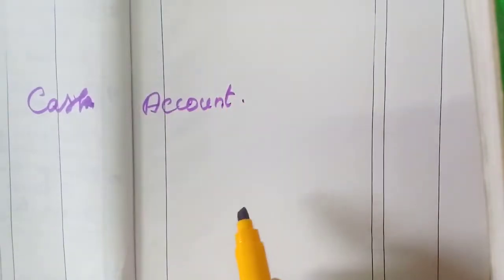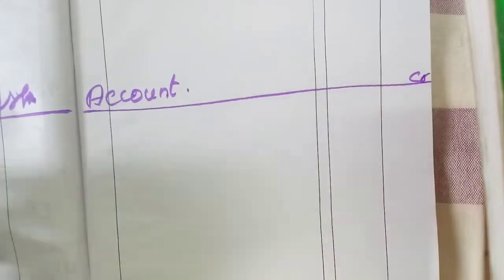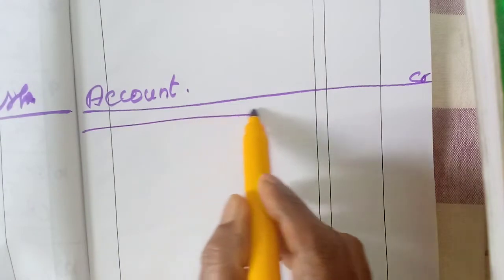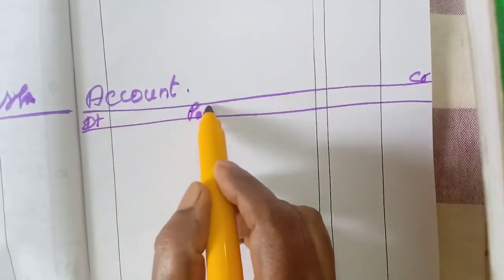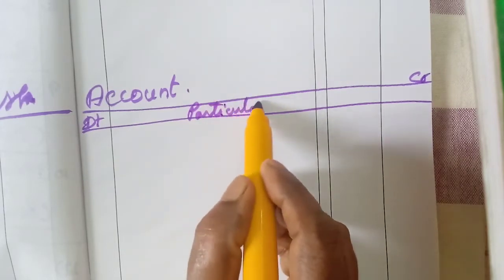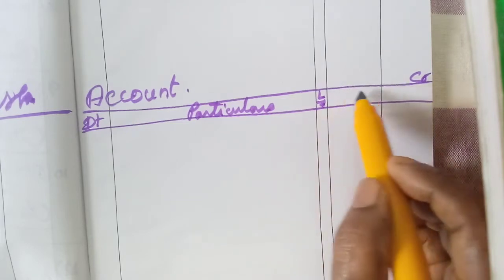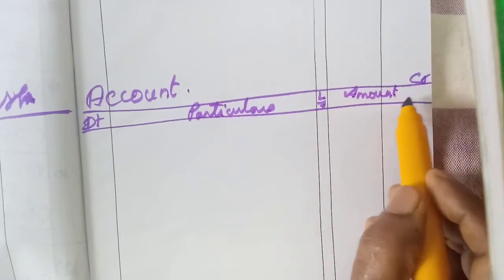On the right side we should draw a line, and here we will write credit, and on the left side debit. Then date, particulars, LF, and amount. Both the columns amount only. Here rupees.